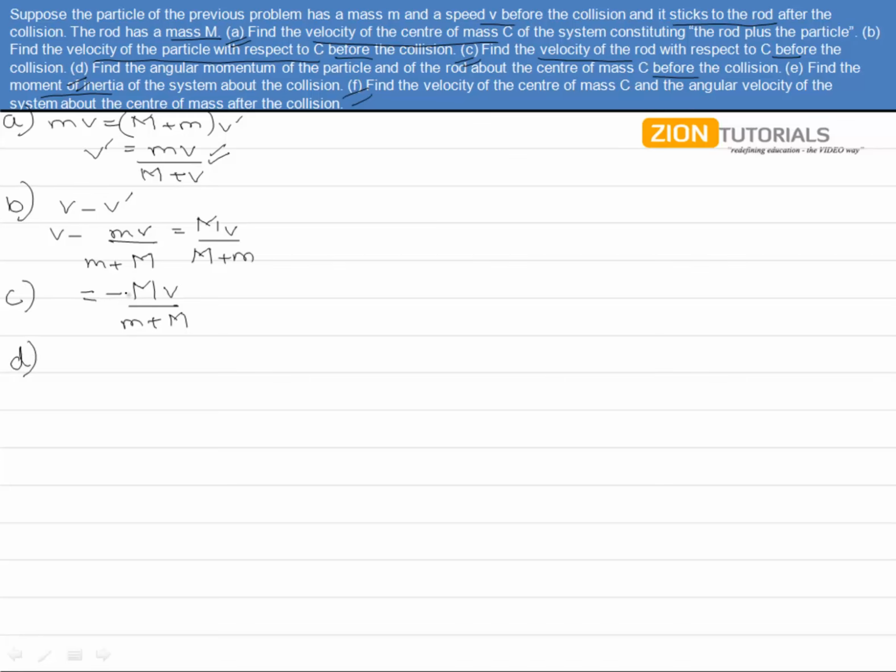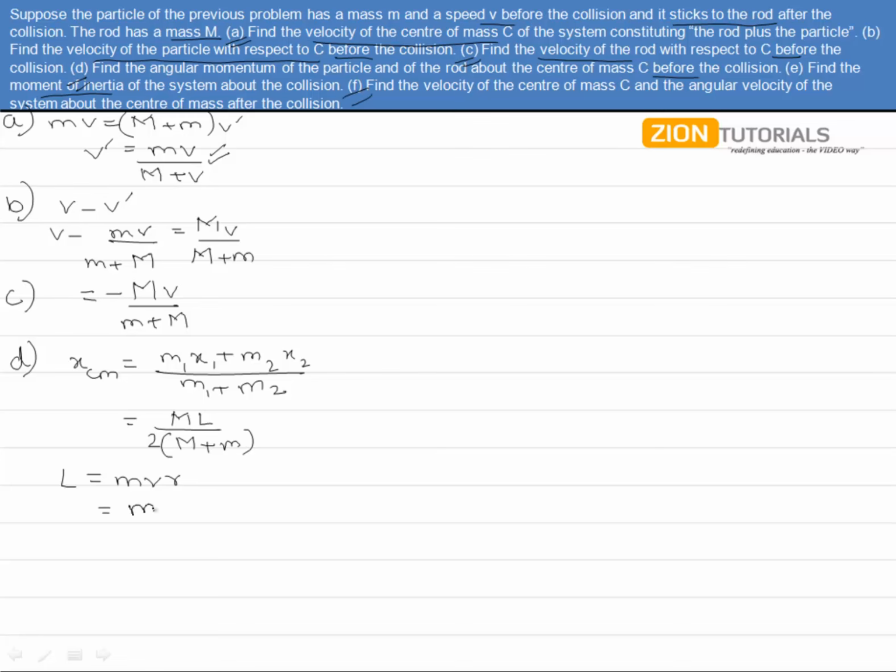Coming to the D part, that is, find the angular momentum of the particle and the rod about the center of mass C before the collision. Now we all know that the center of mass distance is simply m1x1 plus m2x2 upon m1 plus m2 in a two-particle system. So here we can write it as ML over twice of m plus M. And we all know that angular momentum is mvr.